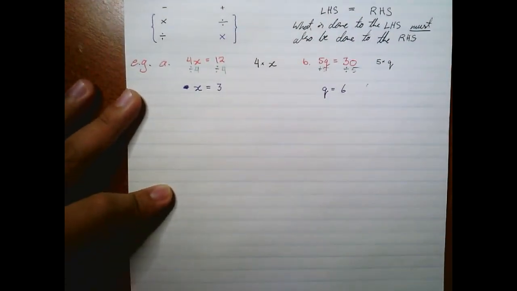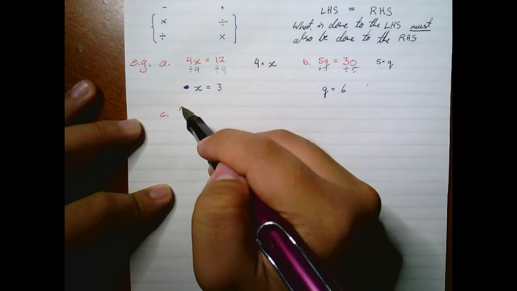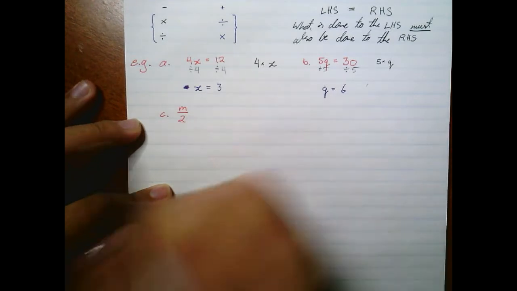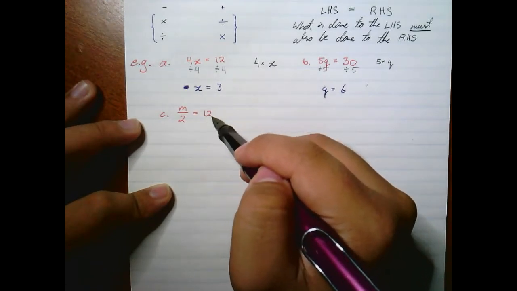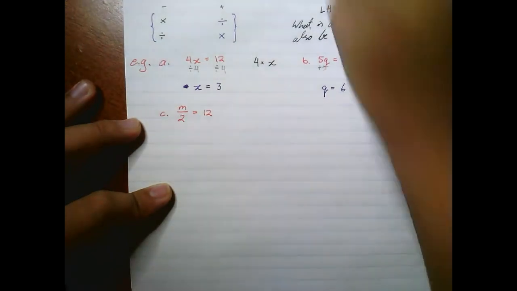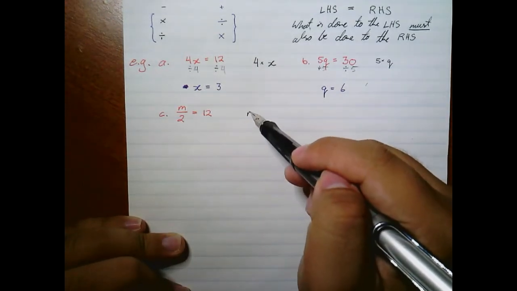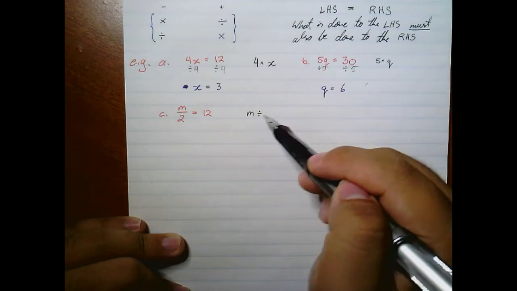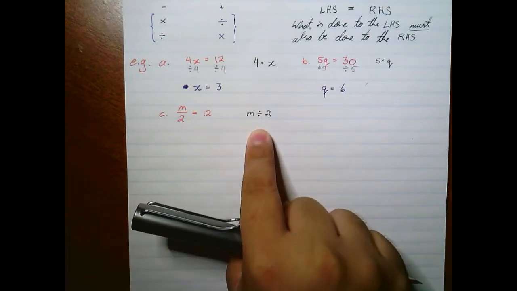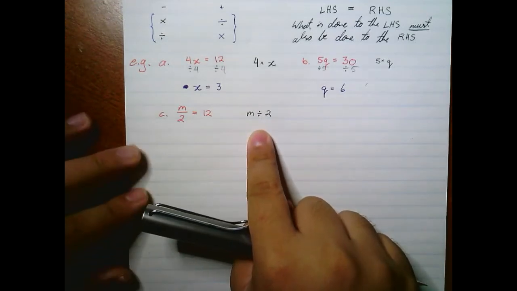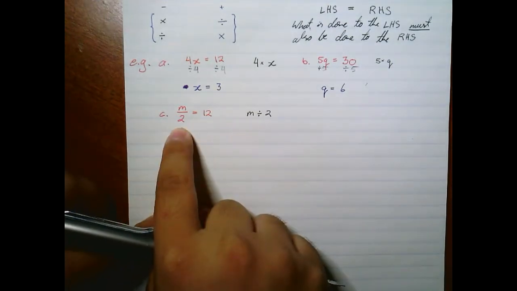Okay, let's move on now to a bit of division. So we have m divided by 2 equals 12. Once again, it's very similar. Remember, in simplifying algebraic expressions, m divided by 2 can be written as m over 2.